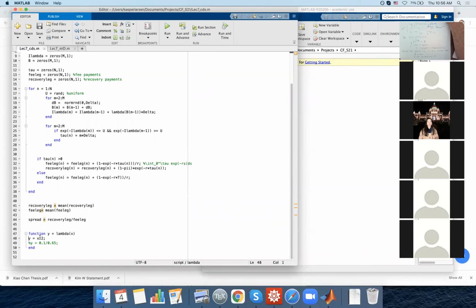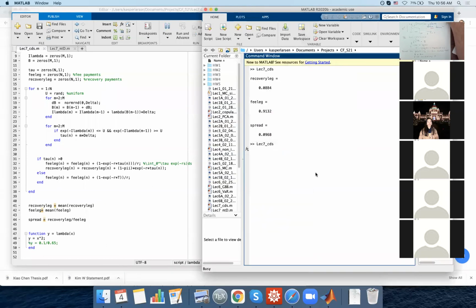If I use the square function, then I'm going to get different numbers over here, of course, but it's a minor change in the code.